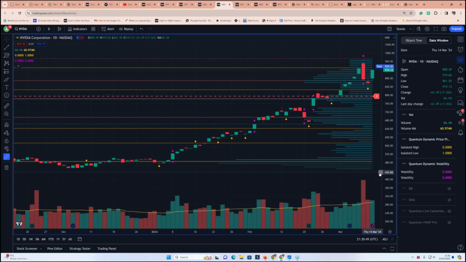But from a VPA perspective, what we're seeing at the moment is a very nice reversal on the daily chart. These three candles, and it's good that we are seeing positive, supported by good volume, because one of the concepts of volume price analysis is we like to see this relationship.